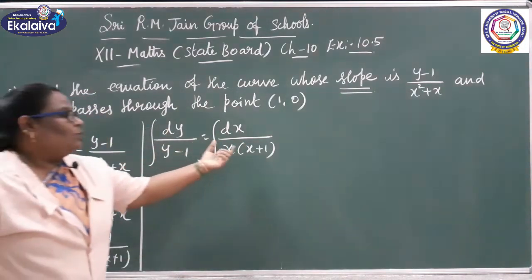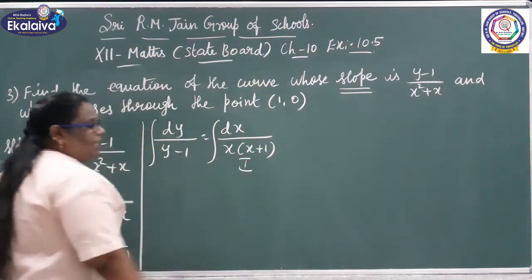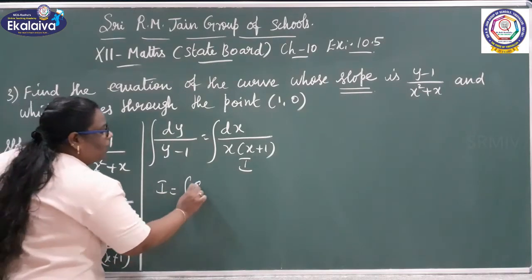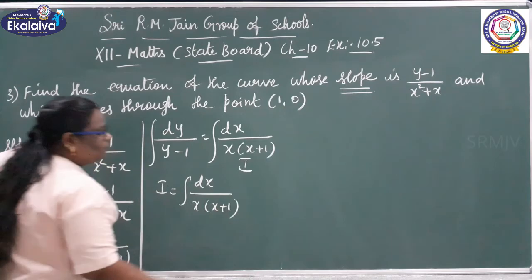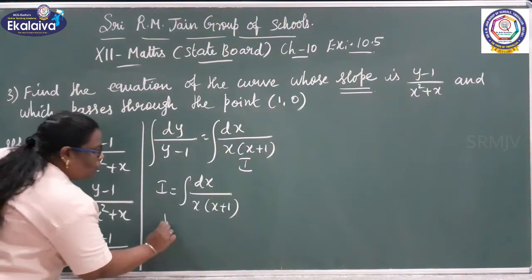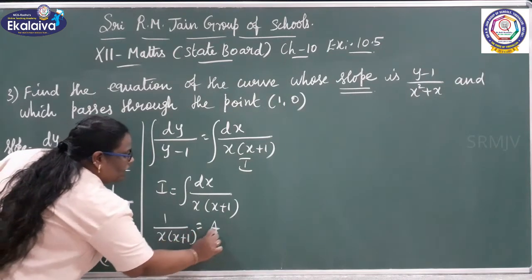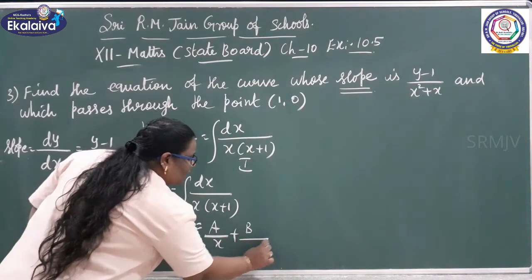You can take this value alone first. Let I equal integral dx by x into (x plus 1). You can do it by the partial fractions method. So 1 by x into (x plus 1) equals a by x plus b by (x plus 1). You studied this in 11th itself.